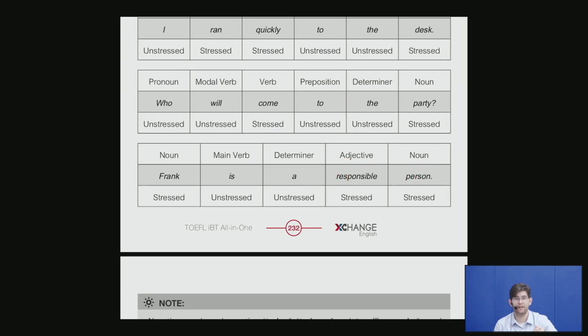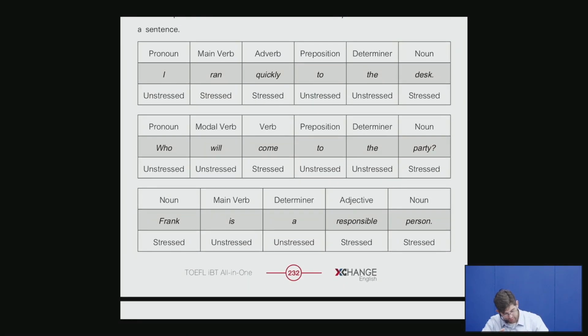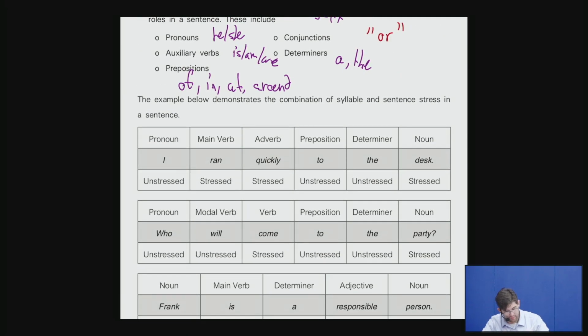So once again, these are examples of how we stress sounds and how we put these sounds together to make sentences. And please, please, please do not put a huge emphasis on this. This is something that I would like to say happens naturally as you get more practice, as you become more confident as a speaker. If you want a way to practice this specific skill, the best way is to read books aloud.